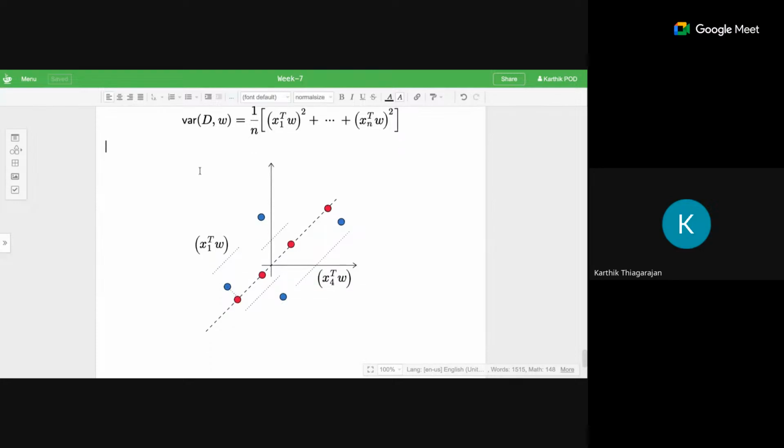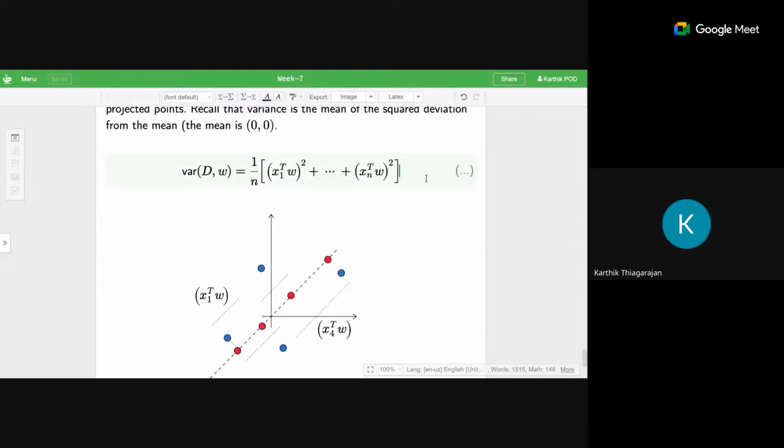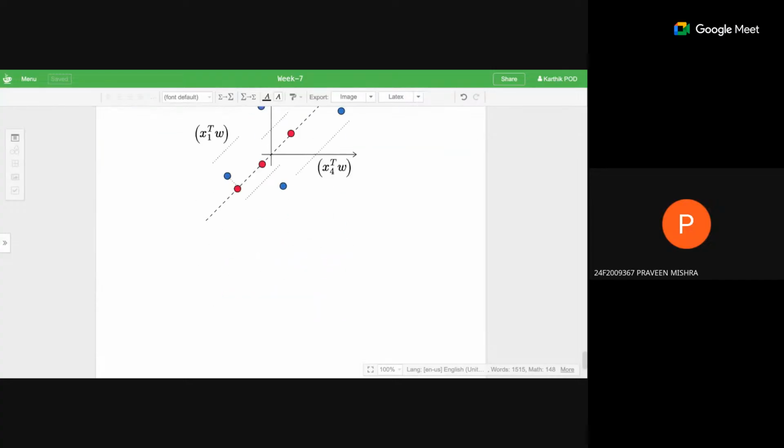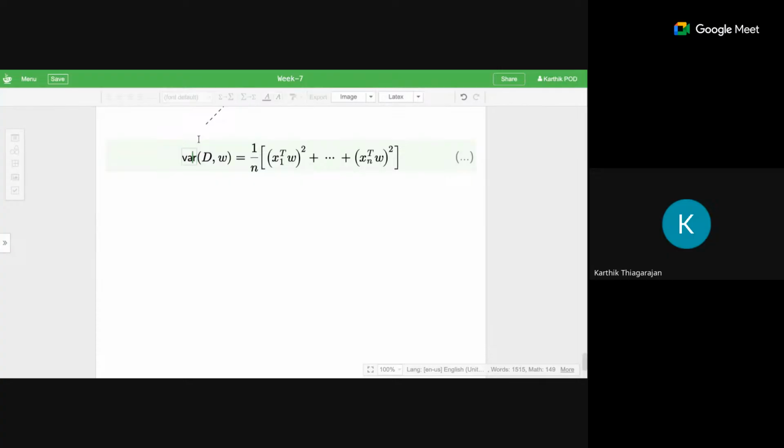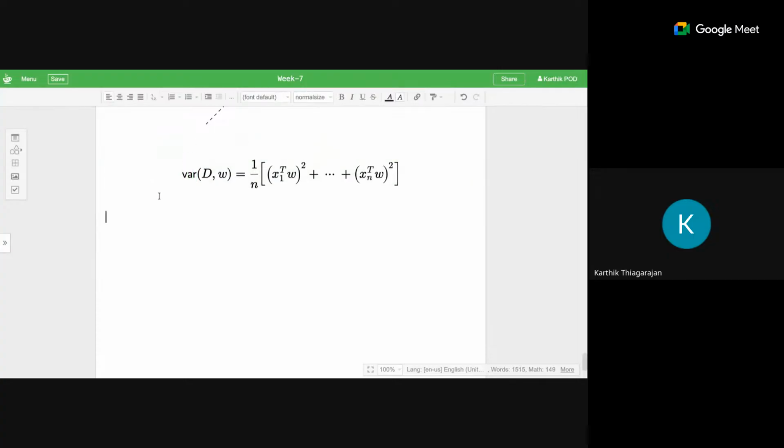Okay, so what is this now? You have seen this before. Have you? Is the whole thing C? What is inside the brackets? Xi transpose W's. Okay, notice this. We did this before, but I'll just do it once again.